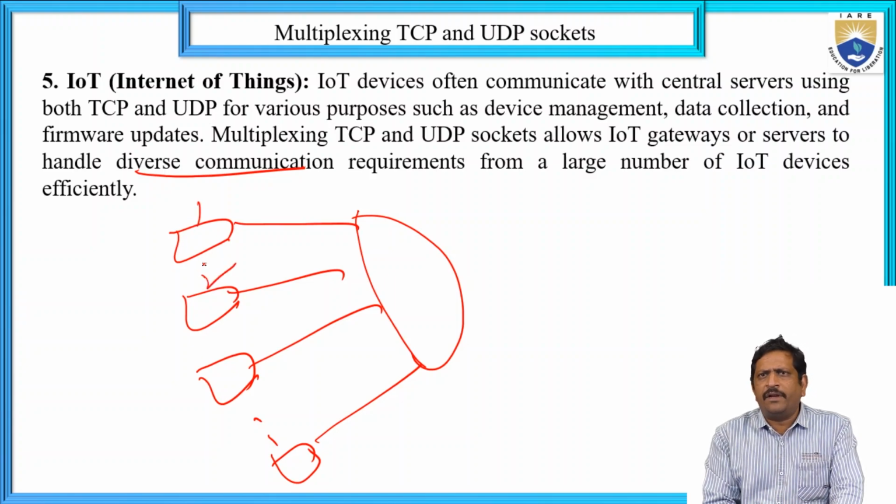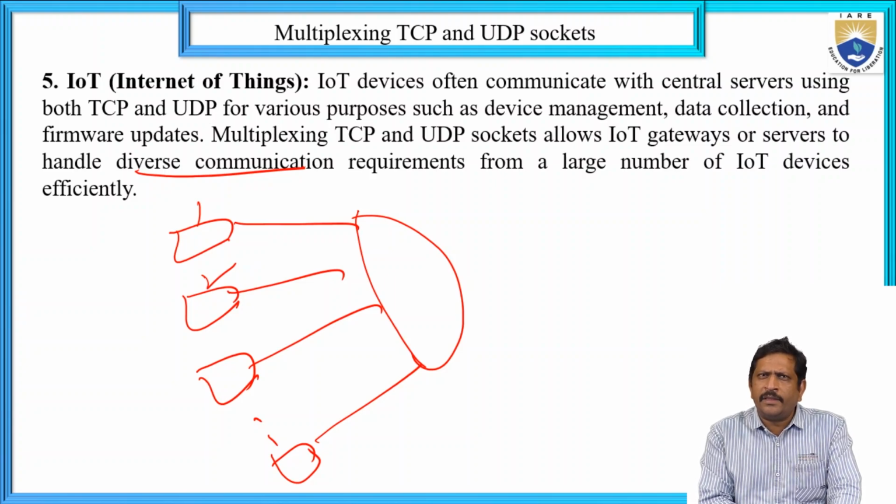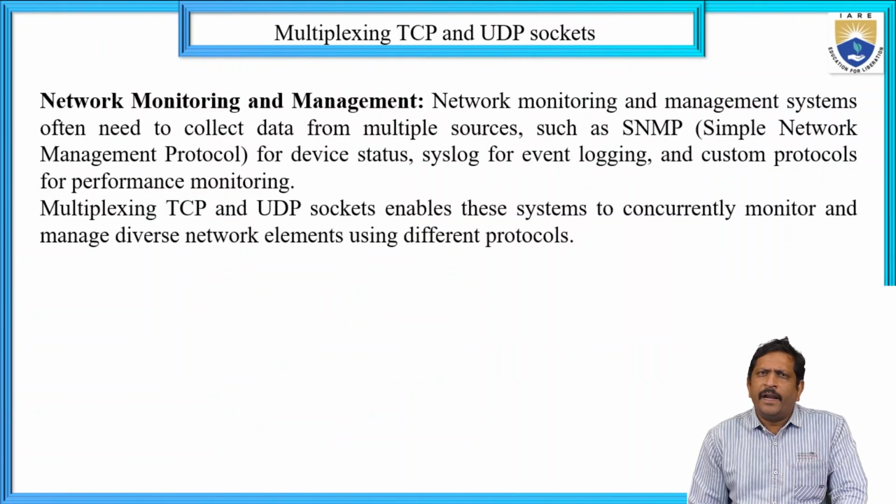These two are different networks. So we can easily handle this by using the IoT devices, the IoT gateway and the server too. By using that, we can easily handle the diverse communication requirements for a large number of IoT devices efficiently.